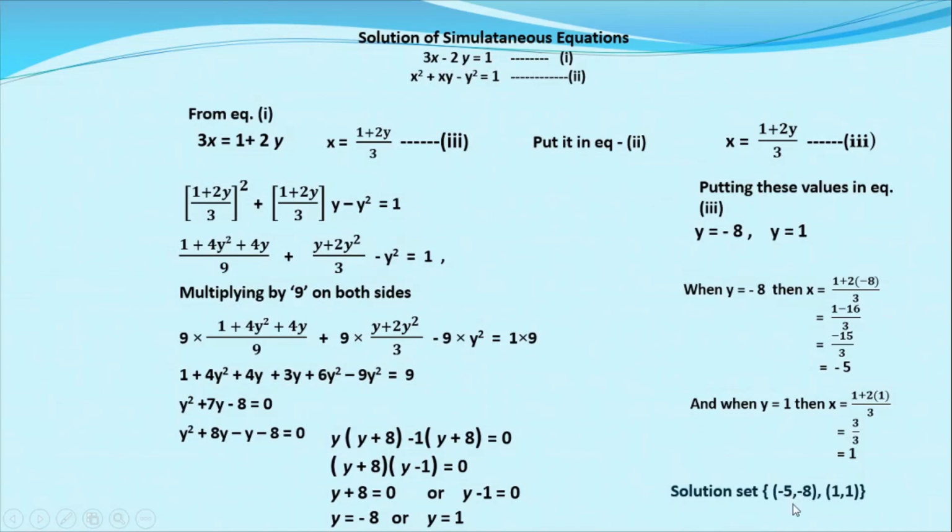Again, if we check the other pair, put it here and the answer will definitely be 1, equal to the right hand side. Similarly we can check in the first or second equation. It means these two pairs of answers are both valid and true for these two equations. So it is called the solution of simultaneous equations.